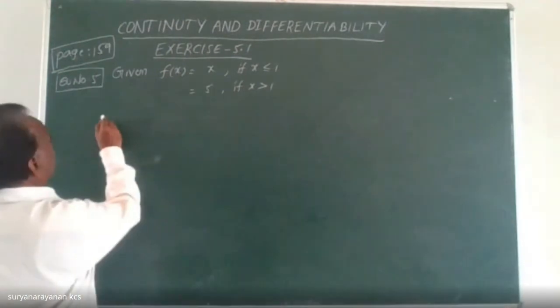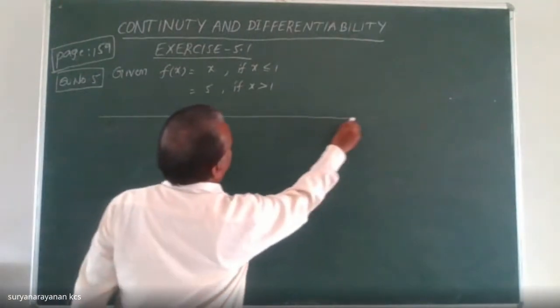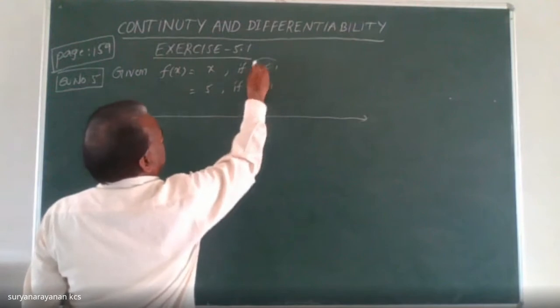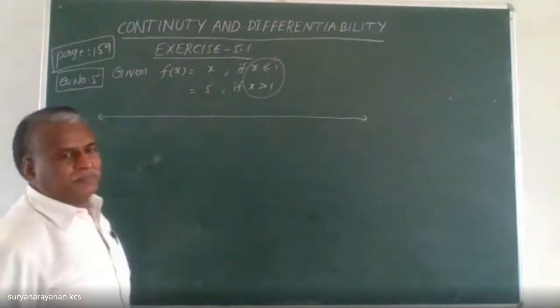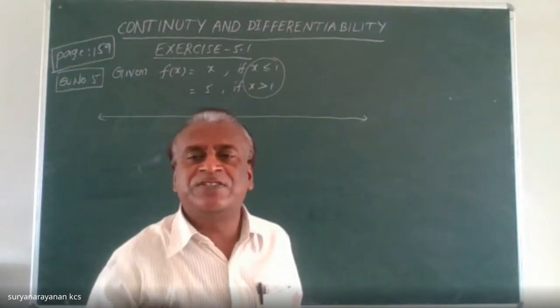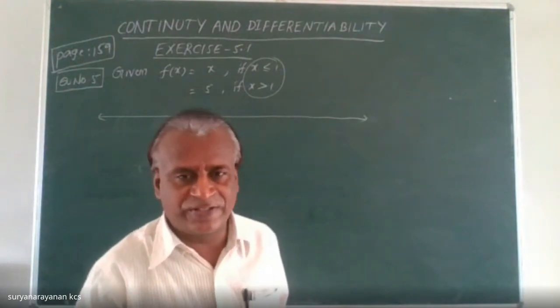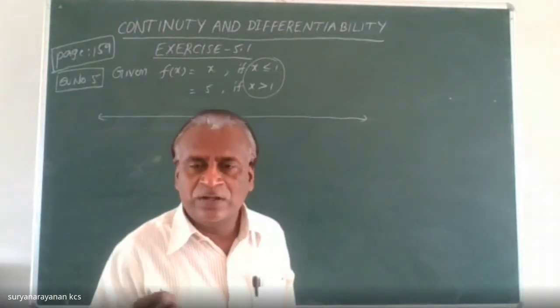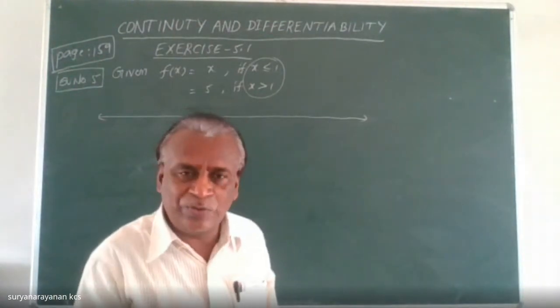Now I am showing this function on the number line, especially 1. Please focus on this part. At this 1 only, the function is defined in two different ways.